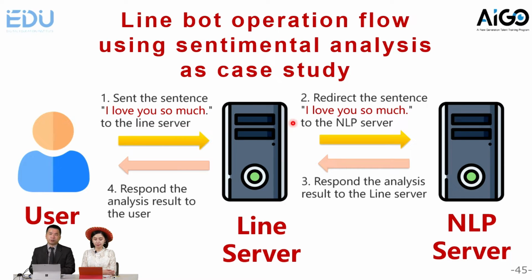Then the NLP server will respond with the analysis result to the LINE server, and the LINE server will redirect the result to the user. So this is the basic operation flow.